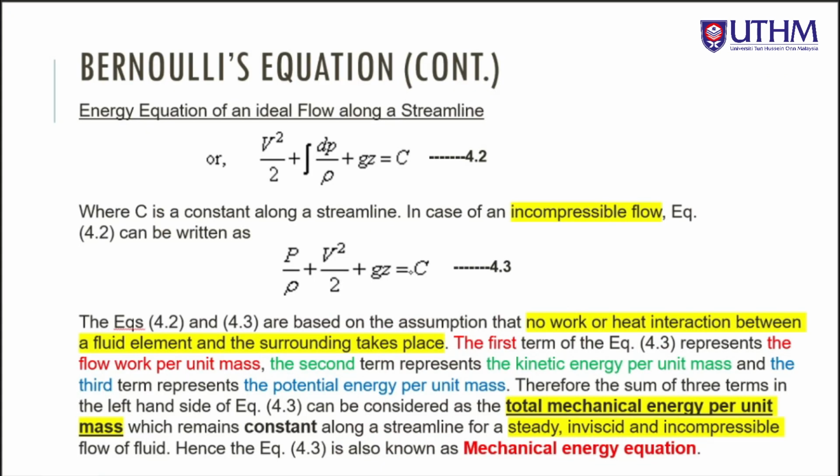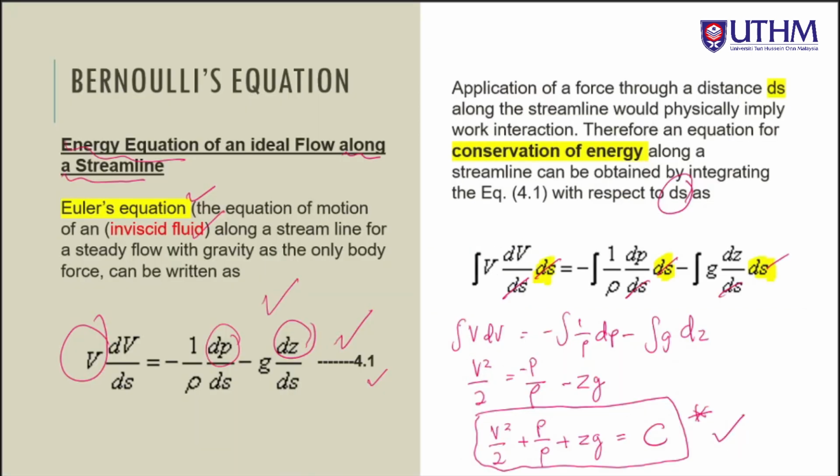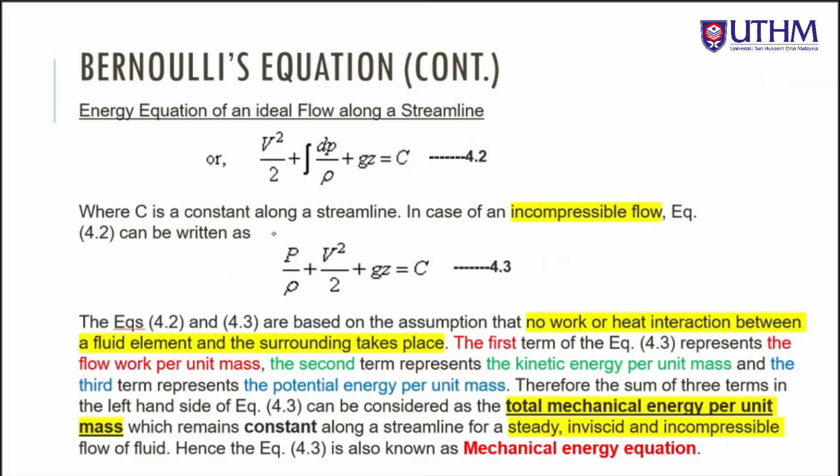Okay, so actually this is the same thing lah. Where C yang kita letak dekat bahagian kanan ni is actually a constant along a streamline. In case of an incompressible flow, kita akan write benda macam ni lah, sama macam yang saya derive tadi lah.